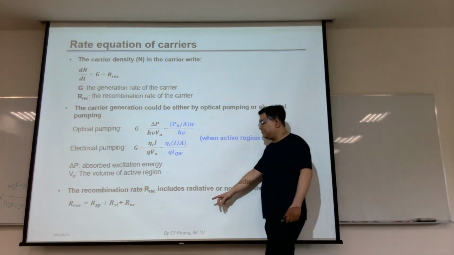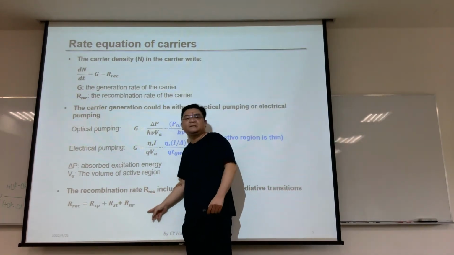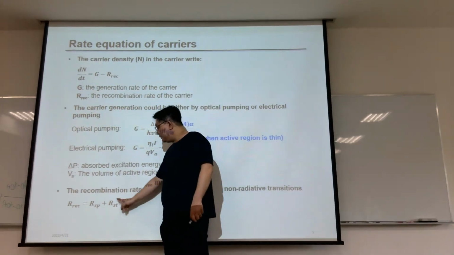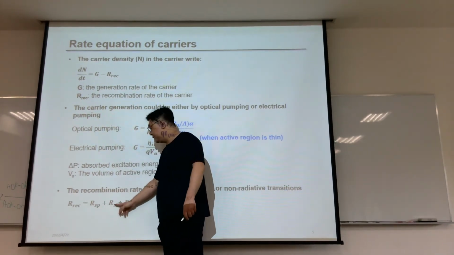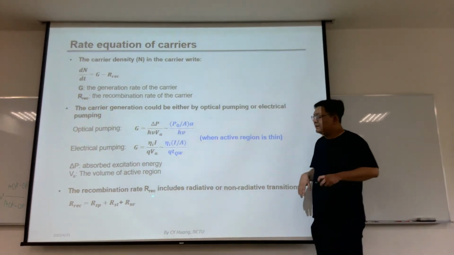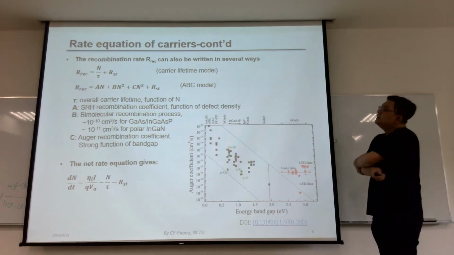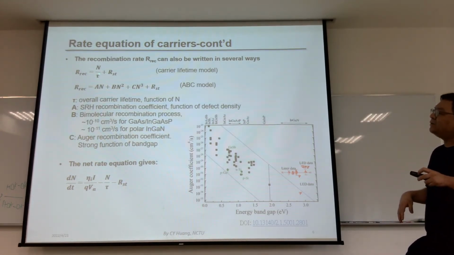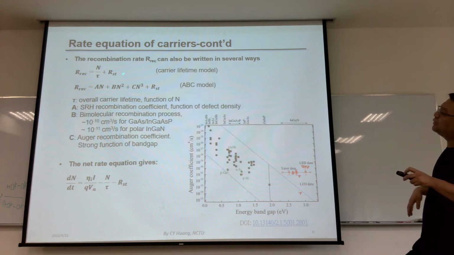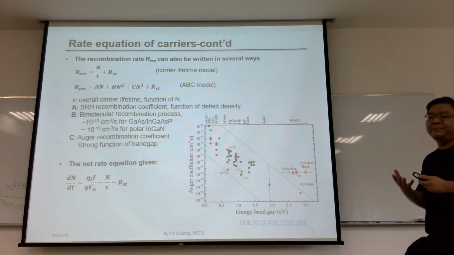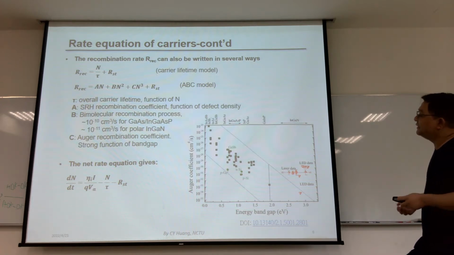You can put all the non-radiative recombination together because they have the same property. So there are only 3 classes that are important: spontaneous emission, stimulated emission, and non-radiative recombination. So we can write down the total recombination in different forms, depending on which one is more convenient for you.